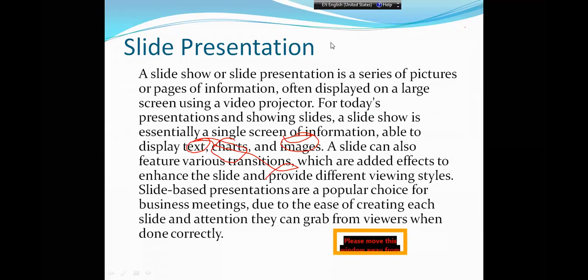Slide-based presentations are a popular choice for business meetings due to the ease of creating each slide and the attention they can grab from viewers. The design of the slide sometimes attracts the audience, grabs the attention of the audience. If I have prepared a very simple and plain slide, then of course that may not attract.